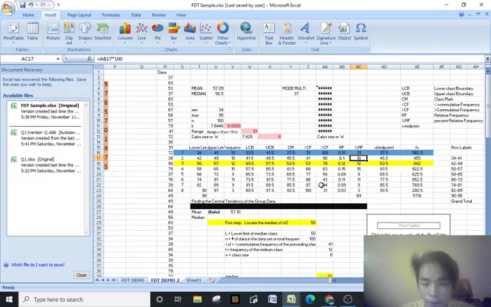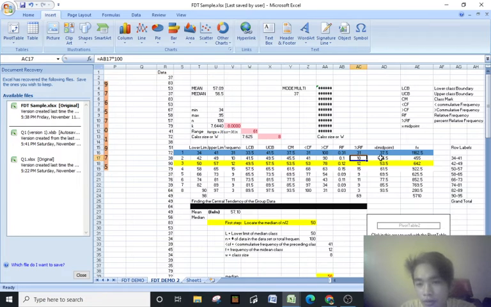So 31, 41, 31, then the first is 31 and the last is 100. The other CF's first is 100, then the last is 30. But the inside numbers are a little bit different or closest from the others.